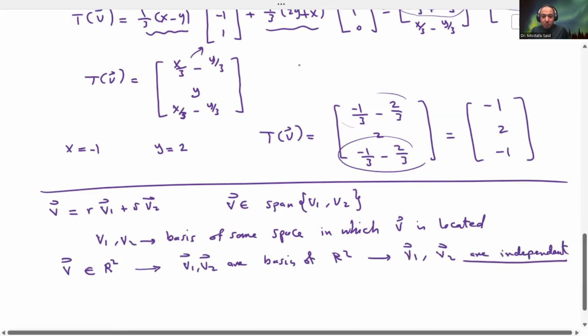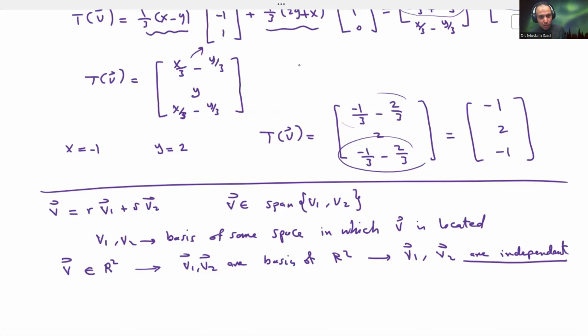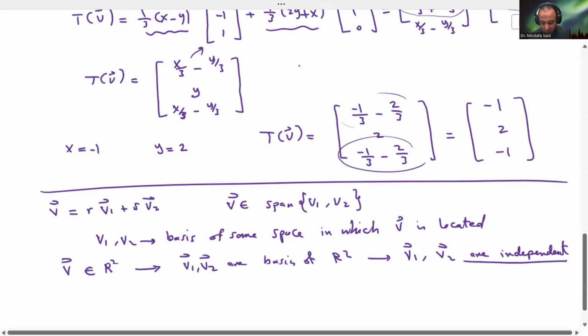So we started our solution assuming that v1, v2 are independent, v1, v2 span R2, and v belongs to that space. But we should be sure that v1 and v2 are actually bases. Let's prove that.